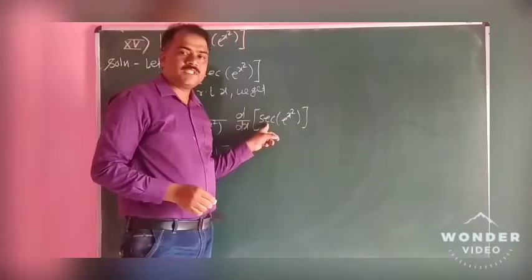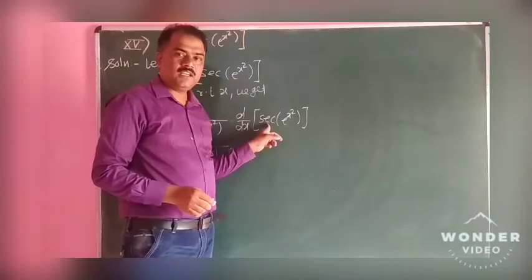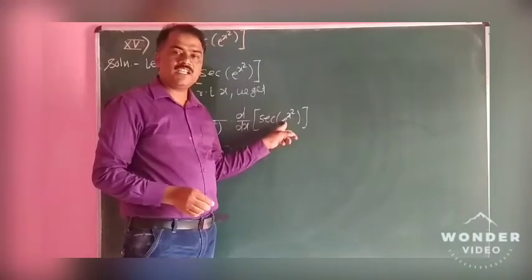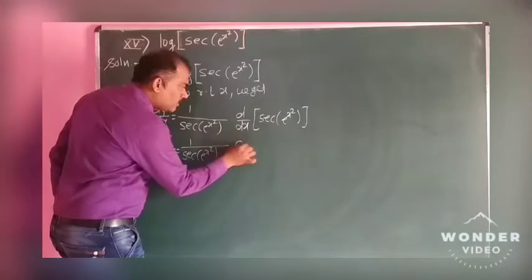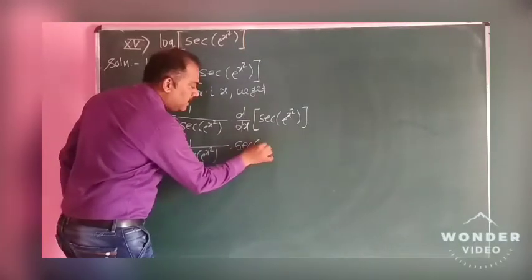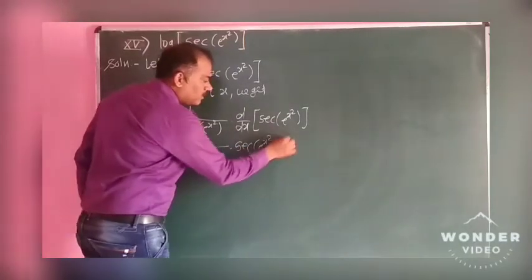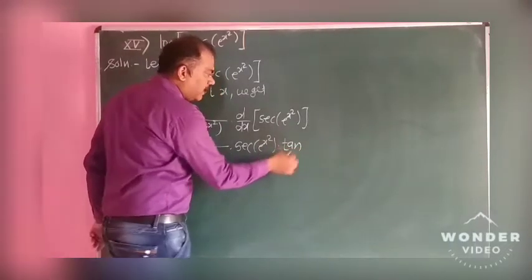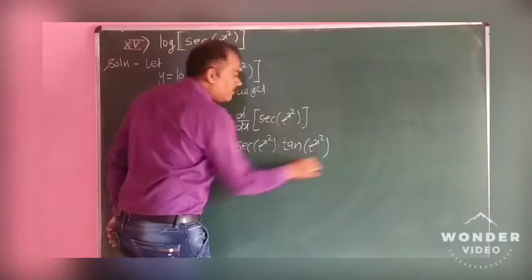What is the derivative of sec theta? Sec theta into tan theta. Instead of theta we use e raised to x square, that is sec of e raised to x square into tan of e raised to x square.